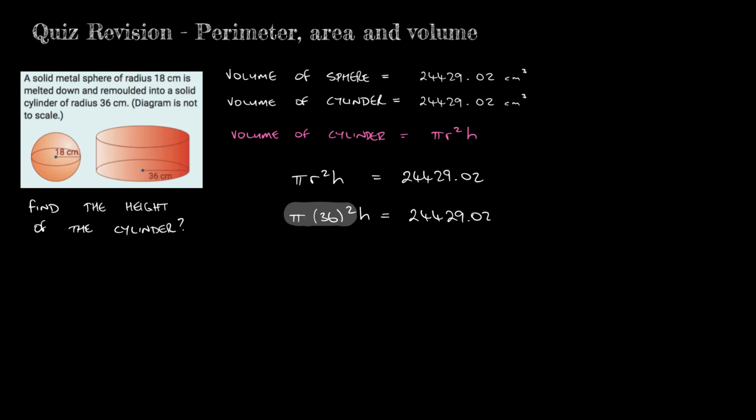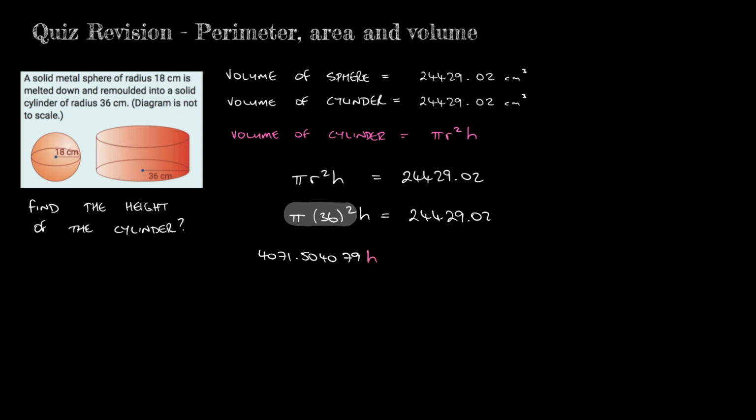So pi times 36 squared gives me a number. And that number is 4071.504079.